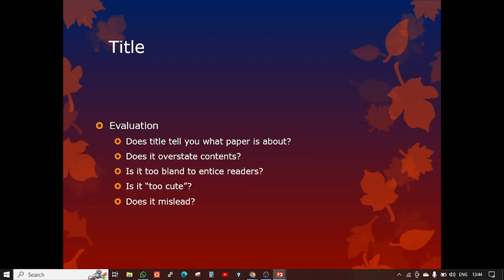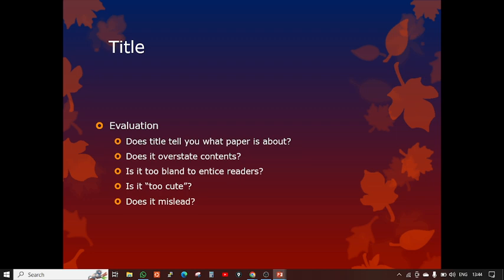Does it appeal to the entire readership? The title should not be very long or try to catch all readers, because there are different kinds of readers, and because of their own interest they can go deep into your research paper.